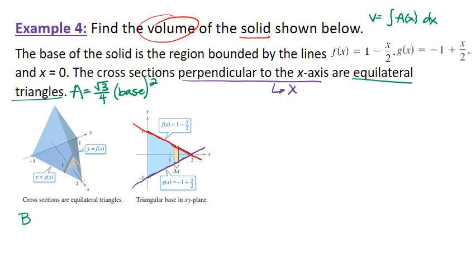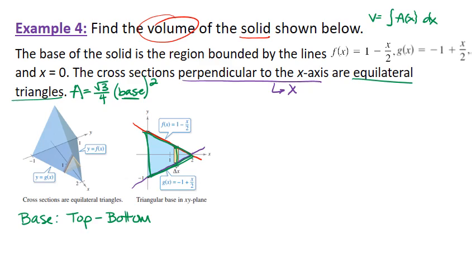If I want to find the area of this triangle, I need to figure out this base, because then I can just plug that base in there and square it. I want to find this, and all I do is find the top minus the bottom. So the base is found by taking the top function minus the bottom function.